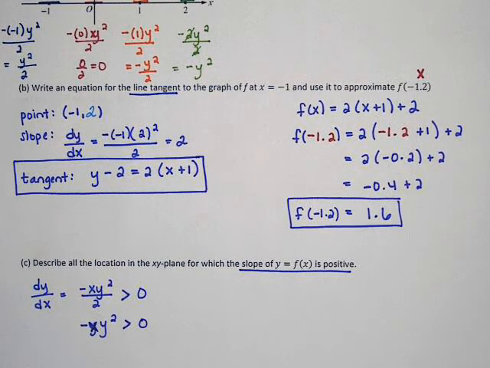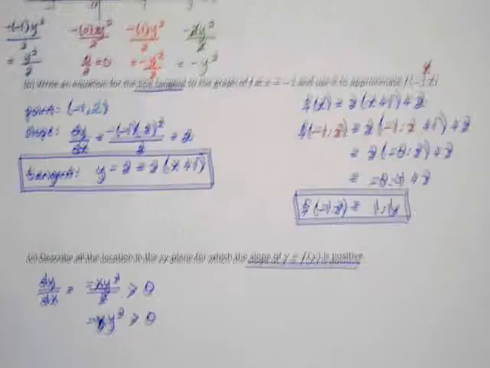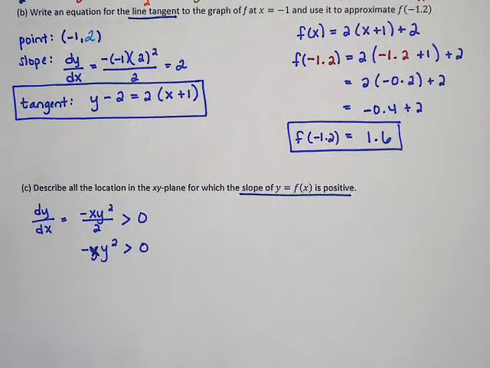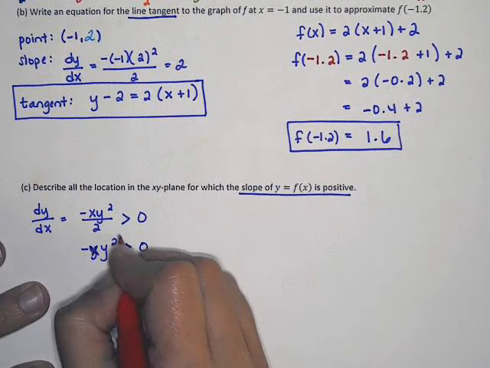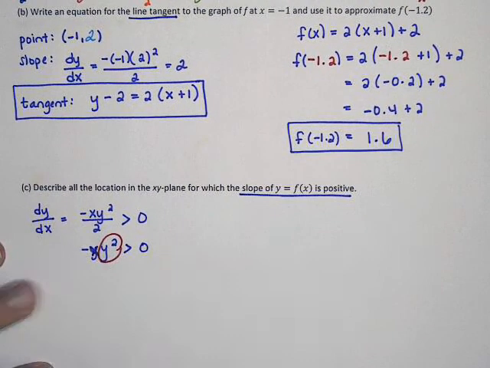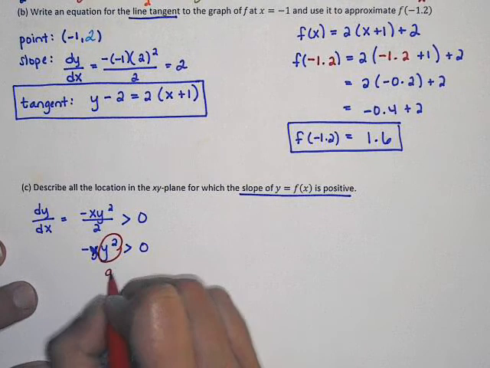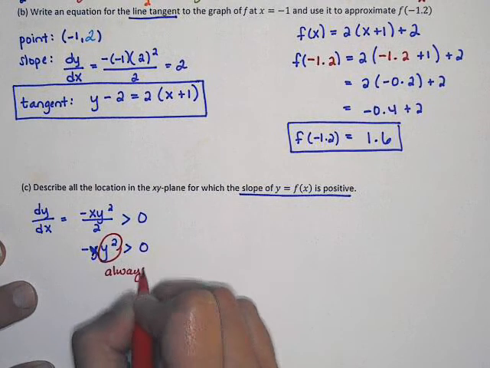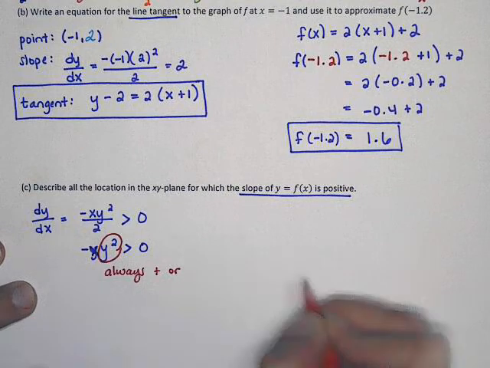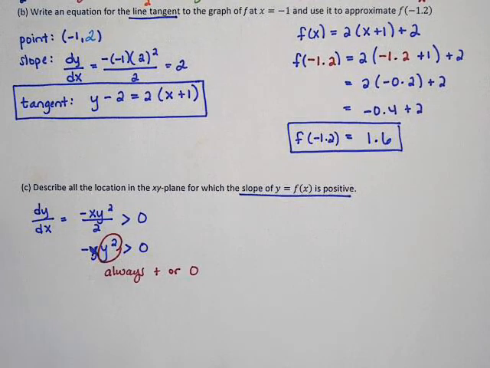In order to make sure that the product of two numbers is greater than 0, in other words, positive, I need to look at those two numbers very carefully. The y squared part is going to be greater than 0 all the time, or it could also be equal to 0 depending on the value of y.